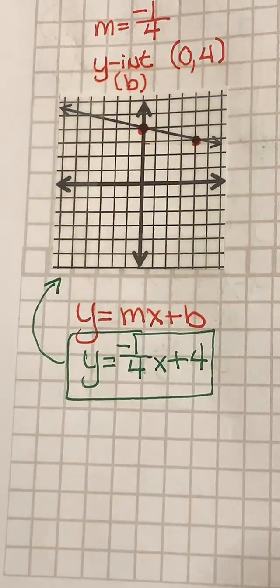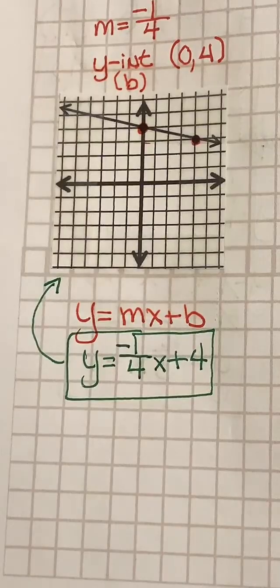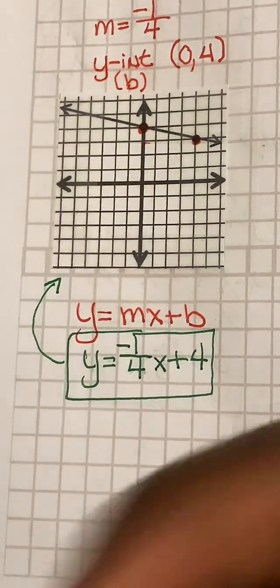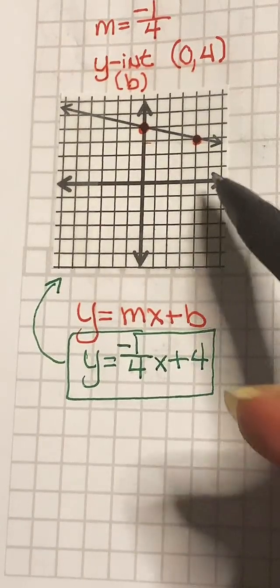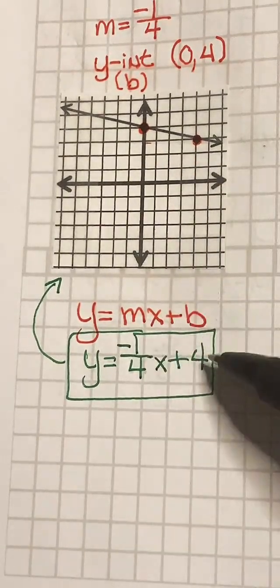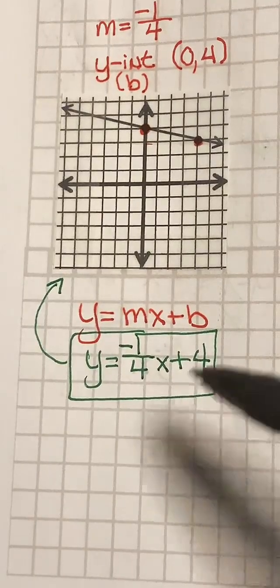Today we started with point-slope, converted to slope-intercept form, and then graphed. Right now we did the reverse: I gave you the graph, and you pull the information to write its equation.